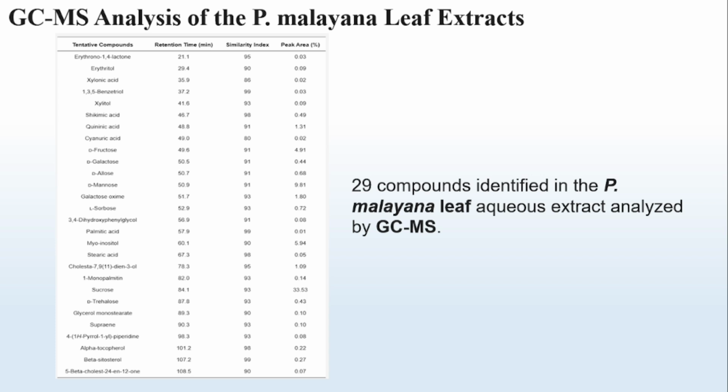So this is the GCMS analysis of the Psychotria malayana leaf extract, because we want to identify the compounds which play a role in helping reduce the blood glucose level.